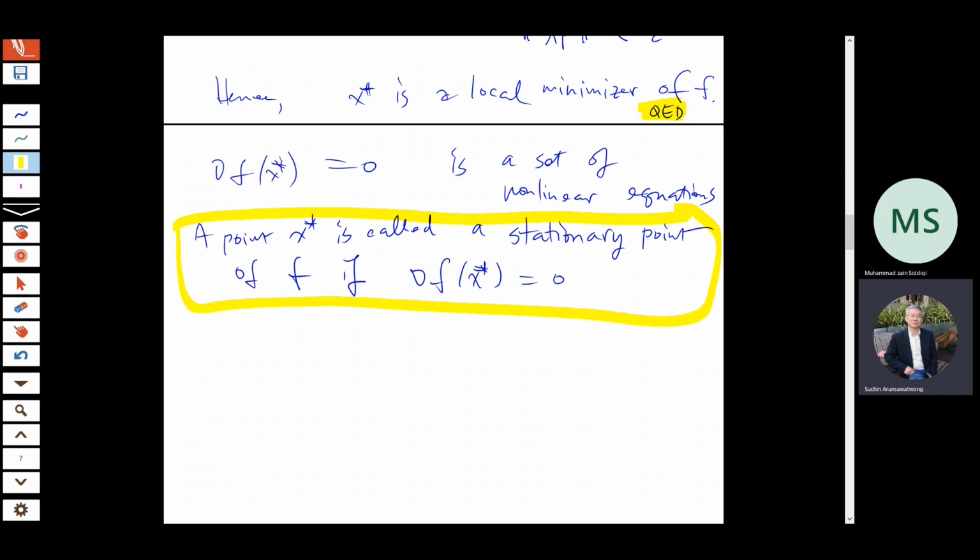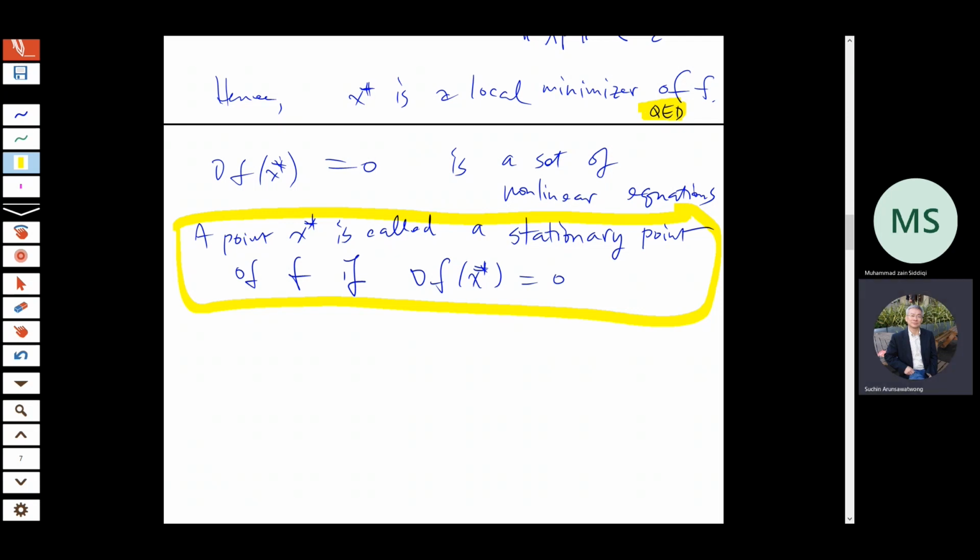And if we use the second order sufficient condition, then if the gradient is 0 and the H matrix at that point is positive definite, then of course we can conclude that that is really a local minimizer of the function f.